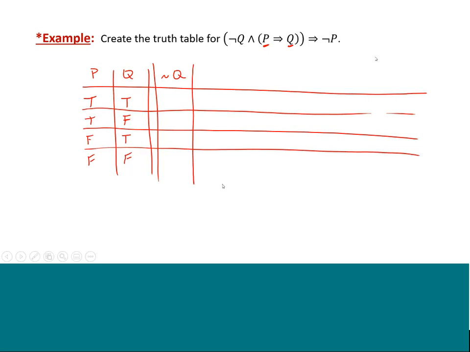Any guesses? What's the strategy to fill in that third column? Yeah, we'll take all the true and false possibilities from the Q column and flip them. So true here will turn into false, and that'll happen in 2 places. And the false here will flip and now be true.